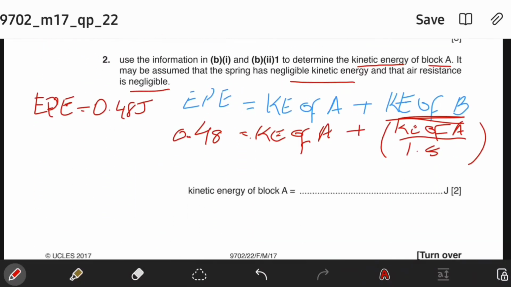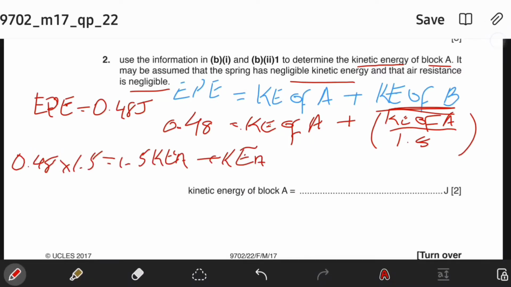And then doing the calculation, let me solve it here, 0.48, and this equation right here will give us the answer of 0.29 joules.